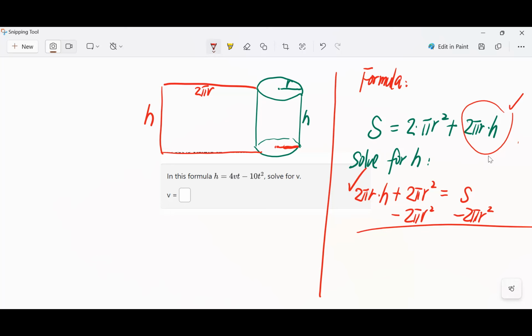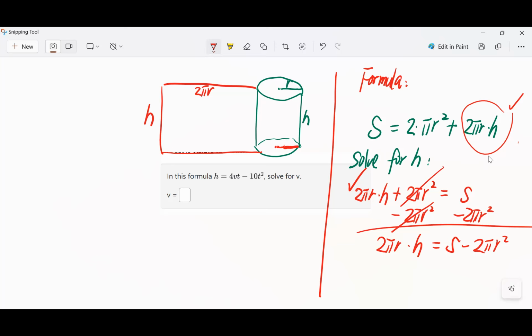In order to get this term by itself, we need to get rid of 2 pi r squared. So that's why we subtract 2 pi r squared from both sides of the equation. Now we cancel this term, so we get 2 pi r times h on the left, and on the right hand side, s minus 2 pi r squared.